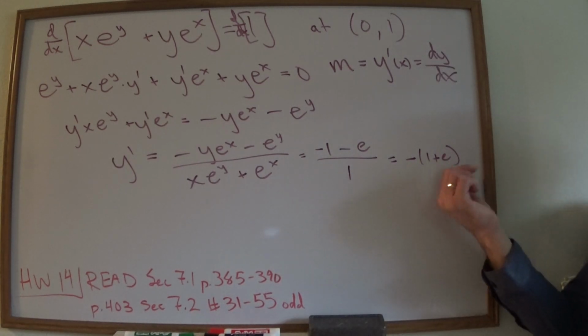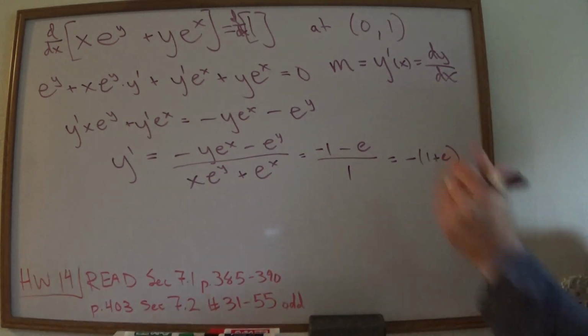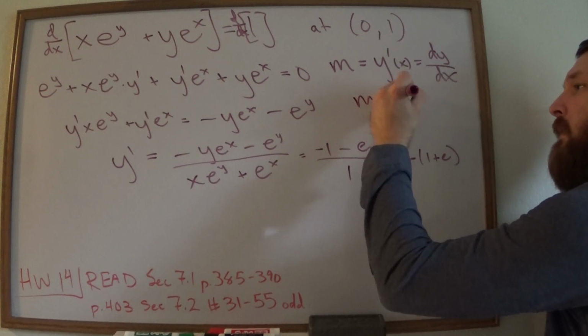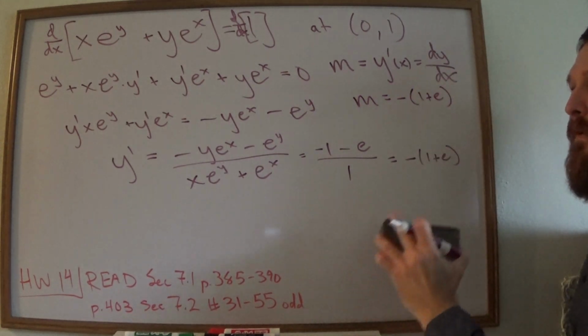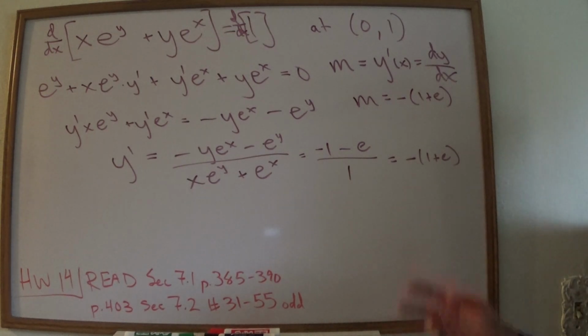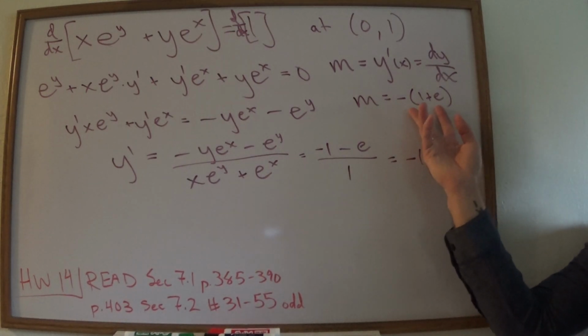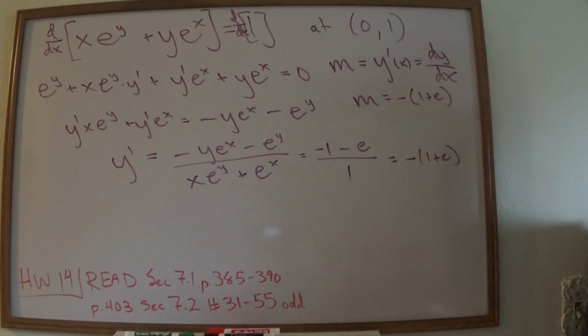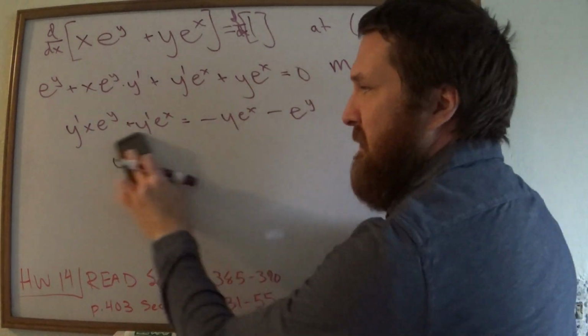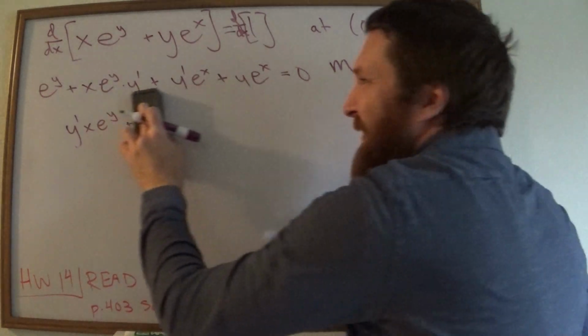That should be my slope at the point that I care about. And so get ready, in this section, your values are going to have e in them. When you plug something in, your output value is going to have an e in it. Get used to that for the rest of your life, because that's how most things look from now on, really.